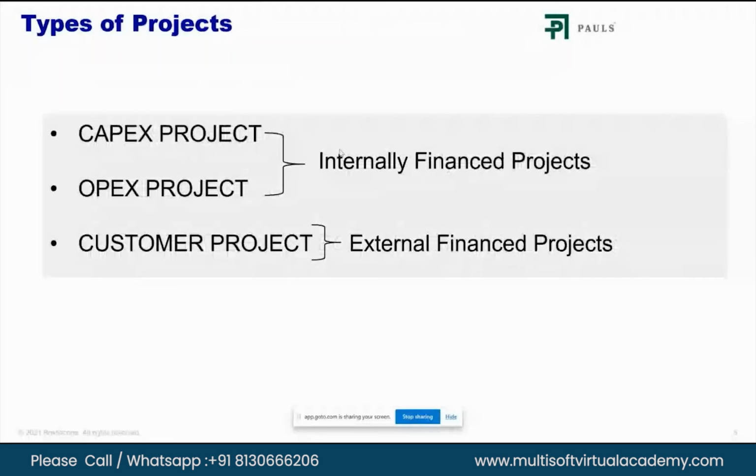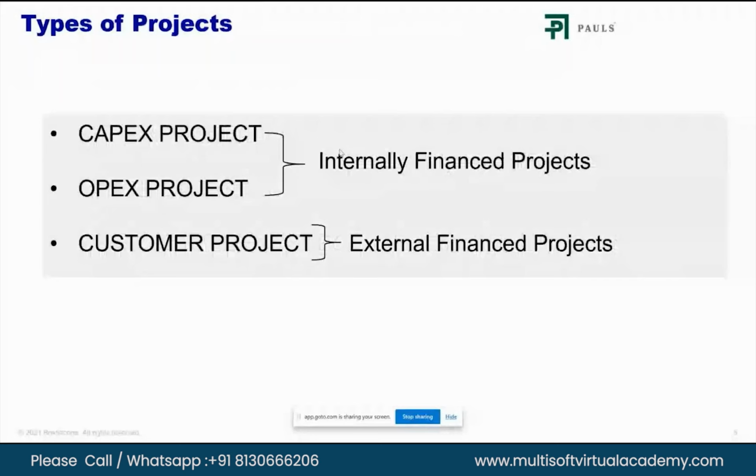So let me tell you what CAPEX projects are and how we differentiate them. CAPEX projects are the ones where the company infuses its own capital to create a product or an asset for itself, right? Government is trying to build an expressway for the public, so it is infusing its own money into it.